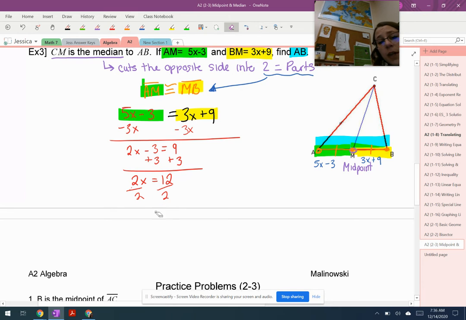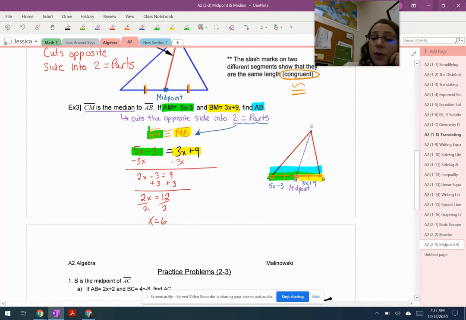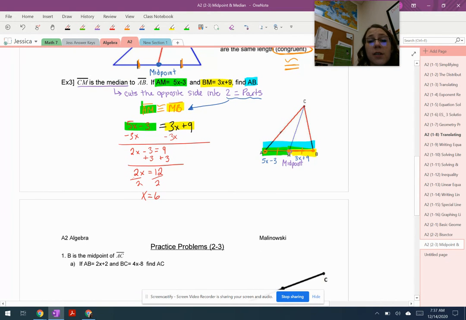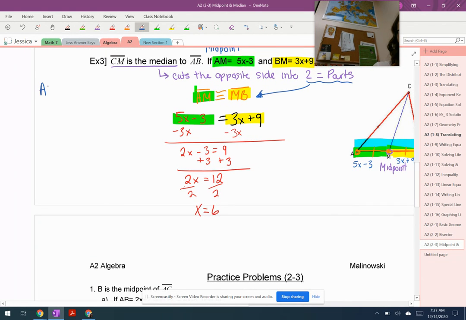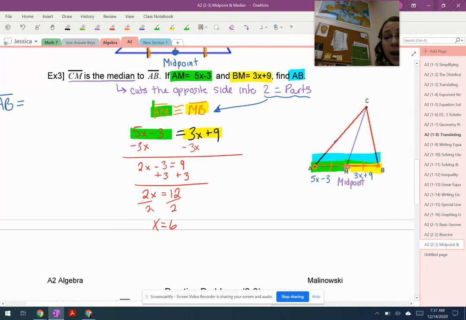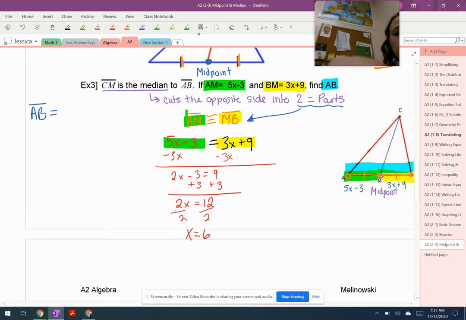Now again, we're not quite finished there because we haven't found AB. AB was that entire length, so AB would be equal to AM plus BM.